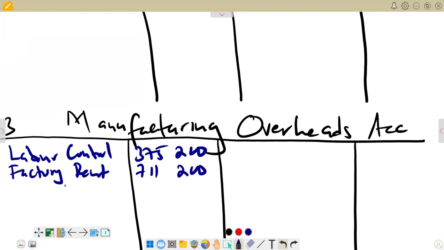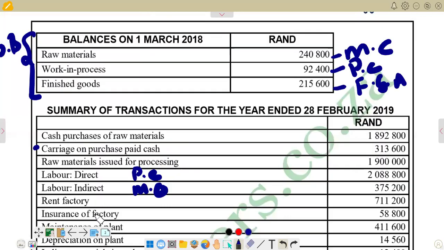So all the expenses that are there, all the costs that are given there, we are just going to do the same double entry. We also have insurance of factory. We're just going to treat it the same as this. So these are all manufacturing overheads. Rent, insurance of factory, and we've got 58,800, which means we are also going to debit manufacturing overheads with 58,800.